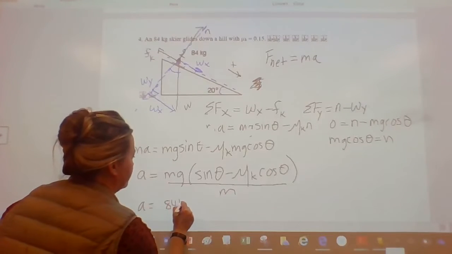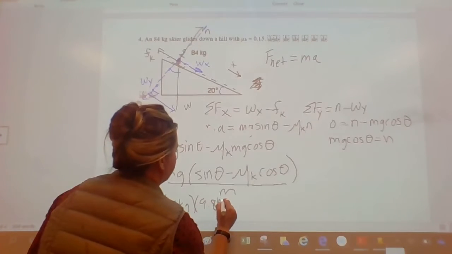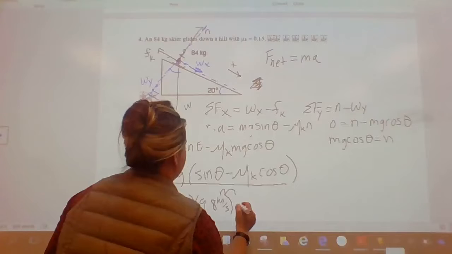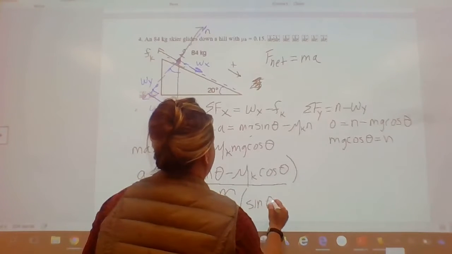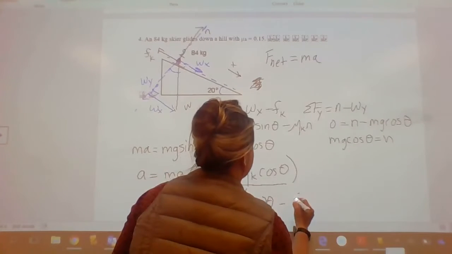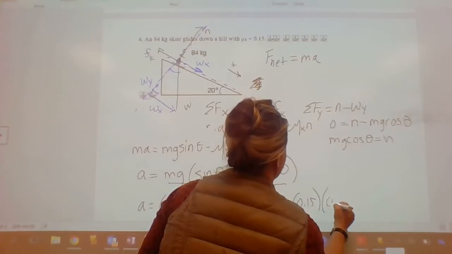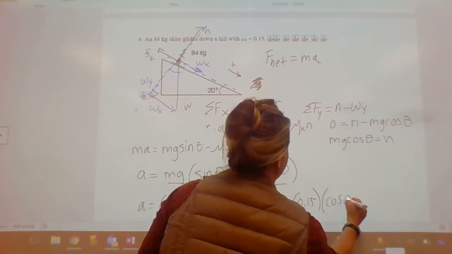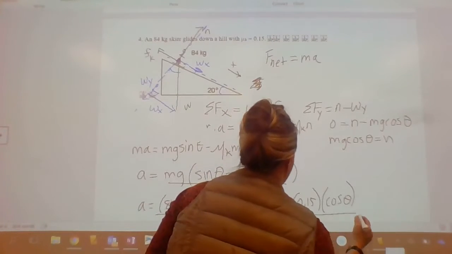So 84 kilograms times 9.8 meters per second squared times sine of 20 minus 0.15 times cosine 20. Oh, I probably forgot to divide out the mass.